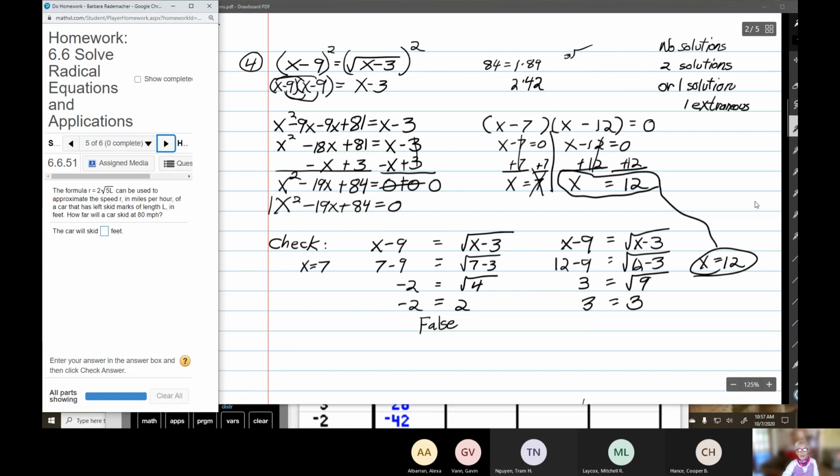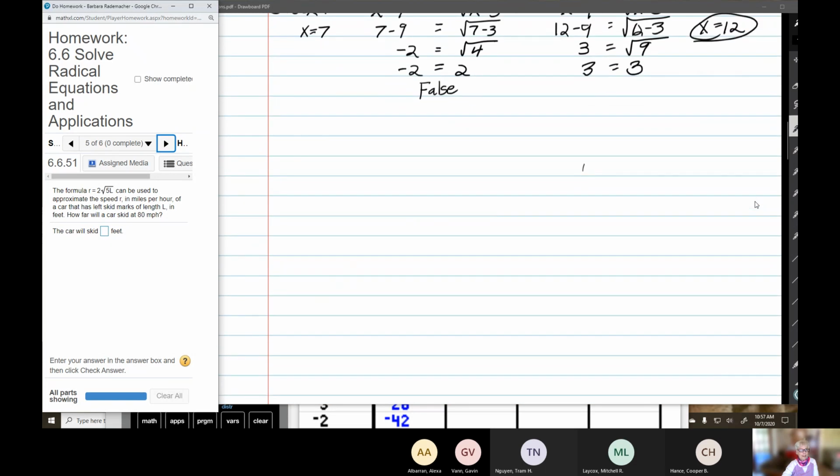Okay, now we have a word problem, a good old-fashioned word problem.